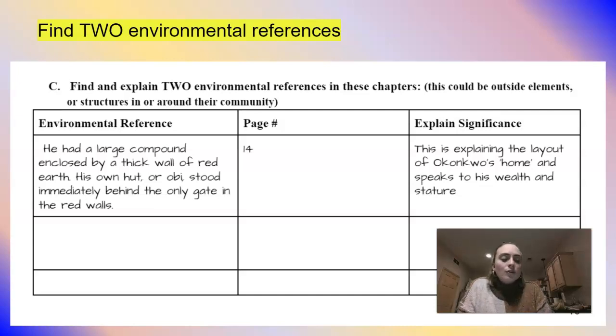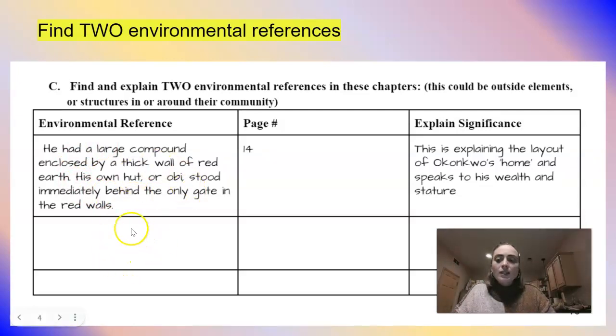So the main character, the protagonist, is named Okonkwo in this novel, and he lives in a large compound enclosed by a thick wall of red earth. His own hut or obi stood immediately behind the only gate in the red walls. So this is an example of an environmental reference because it's orienting us to the environment of our character.